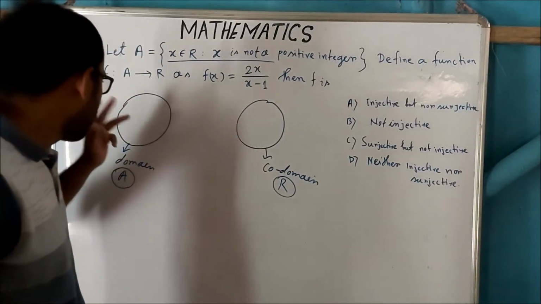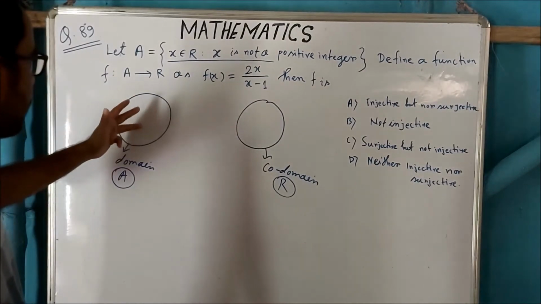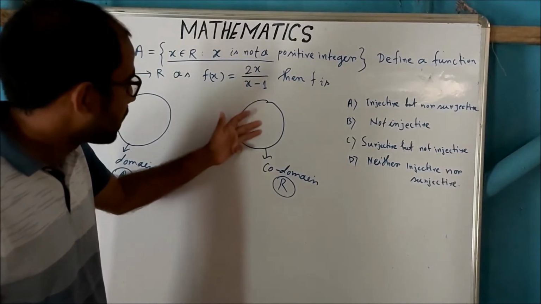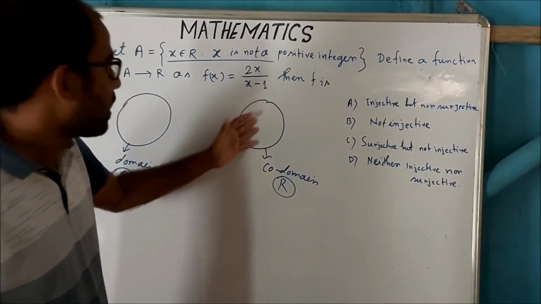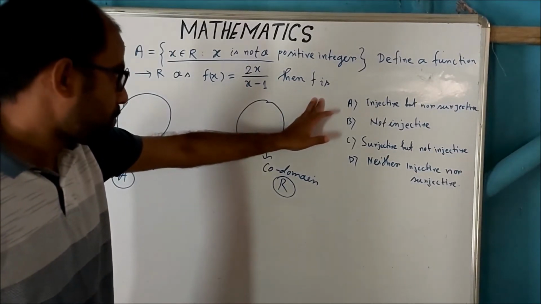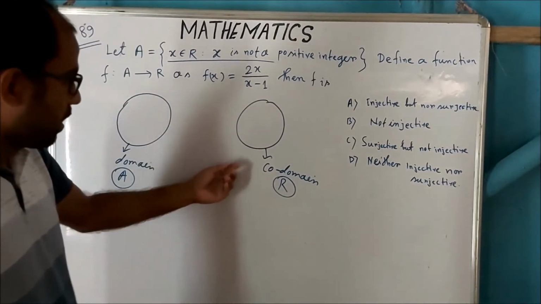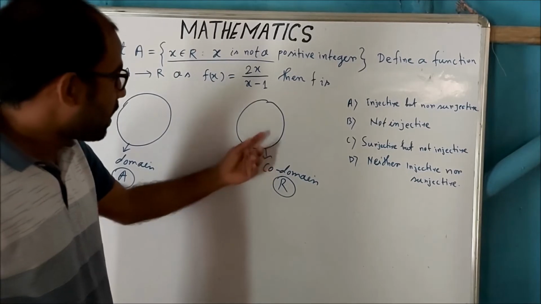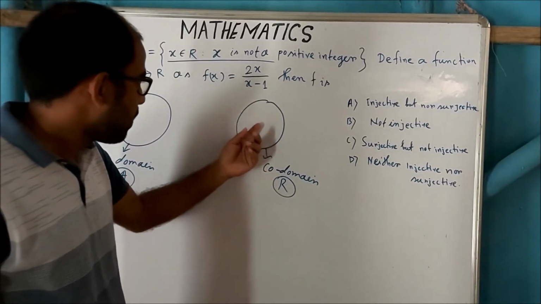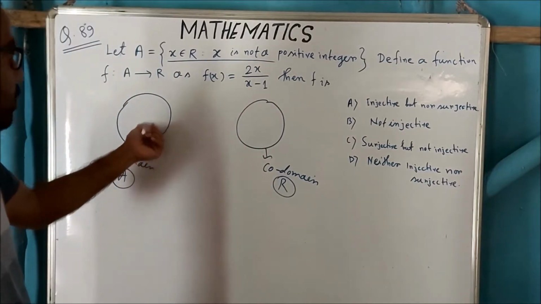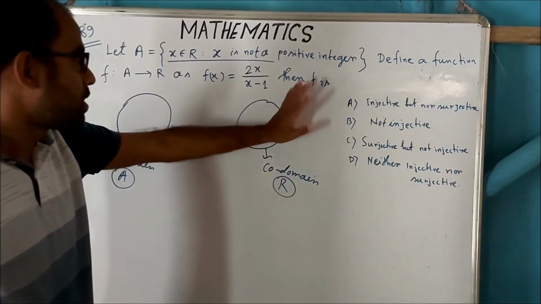If we take two distinct elements in the domain set, we get their different images in the codomain set, then we say that f is injective. Again, we choose an element y in the codomain set R, and this element gives a pre-image in the domain set. Then we say that f is surjective.